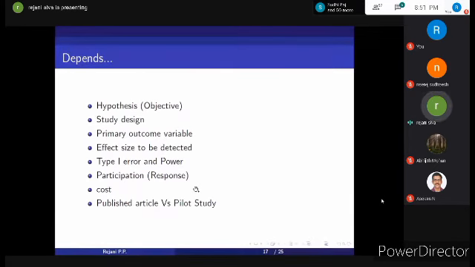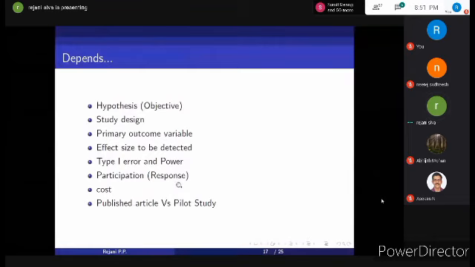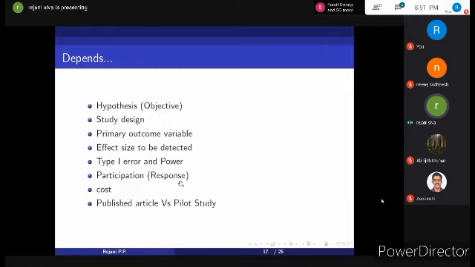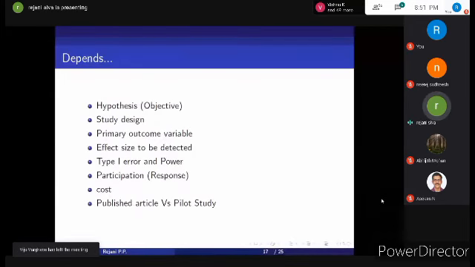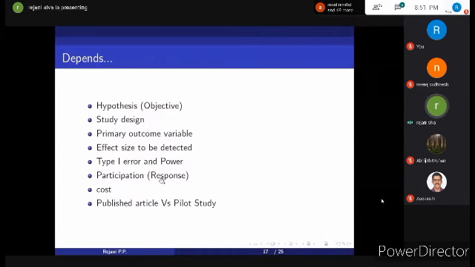The loss to follow-up will be more. So fix the follow-up period carefully. Otherwise, this attrition rate should be considered before fixing the final size. The initial size can be fixed, and there are certain techniques to consider the attrition rate, and that should be adjusted before finalizing the sample size.